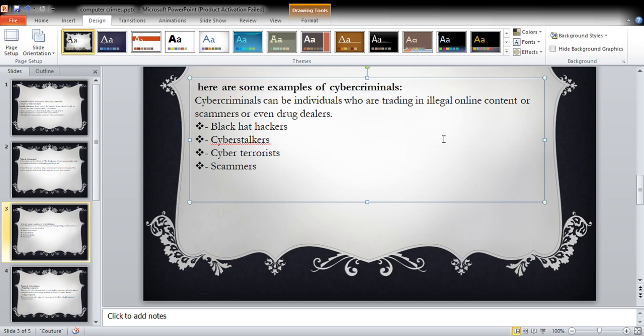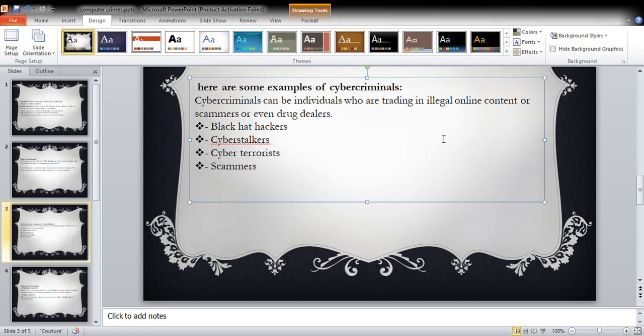So, here are some examples of cybercrimes. Cybercriminals are individuals who are trading in illegal online content, or scammers, or even drug dealers. I know even in your class groups, you have seen people sending you some details, and they tell you when you subscribe to this, you will earn money, and you have heard of others calling them scammers.